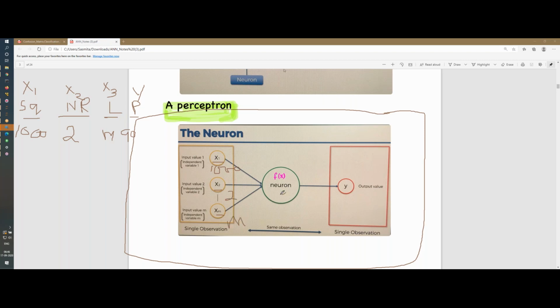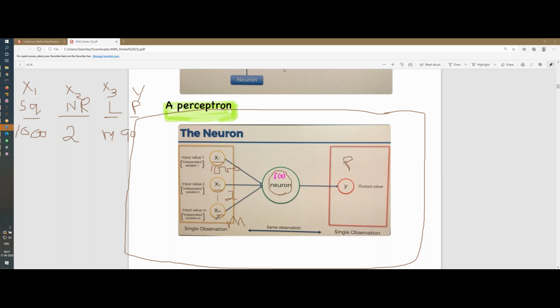And something will happen within this; we will see what. So there are 3 input nodes. The number of input nodes is equal to the number of features available in the data. I have 3 features, so I have 3 input nodes. Everything will be fed to this neural network, and then finally we have an output layer, y, which is my price. I am predicting the price. So this is how the structure is.